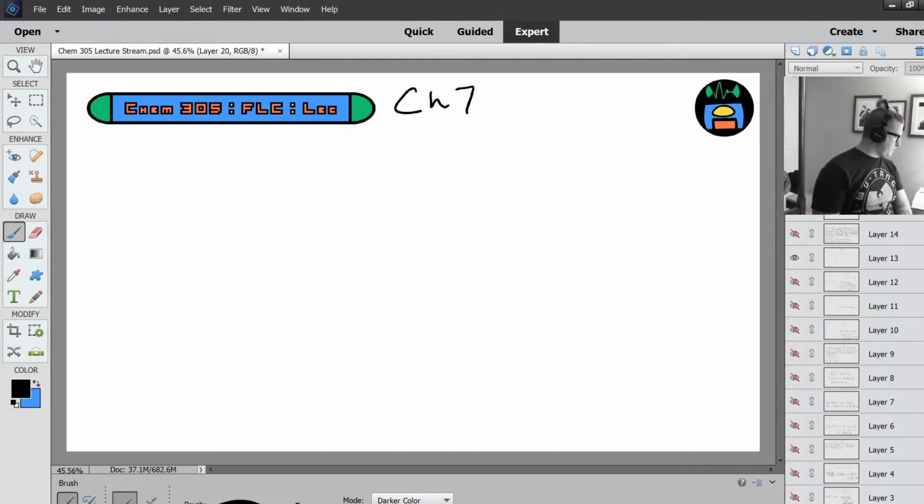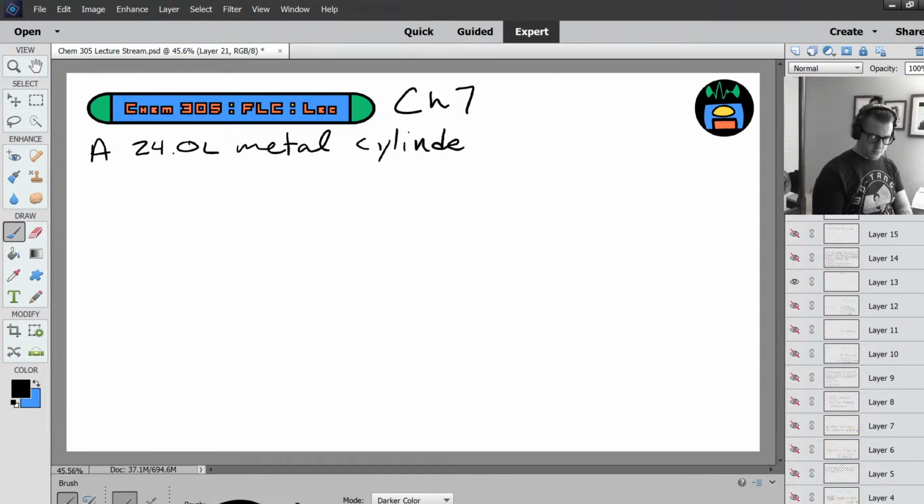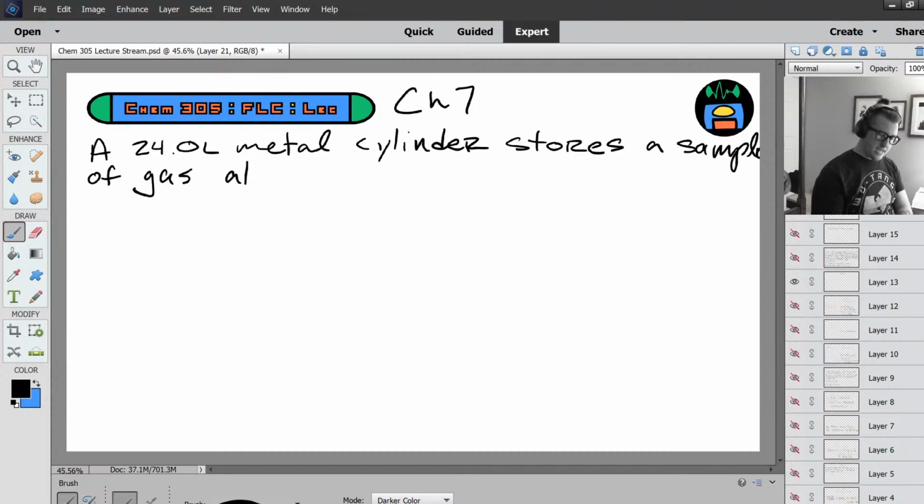So consider the following reaction. A 24.0 liter metal cylinder stores a sample of gas at 26 degrees Celsius.